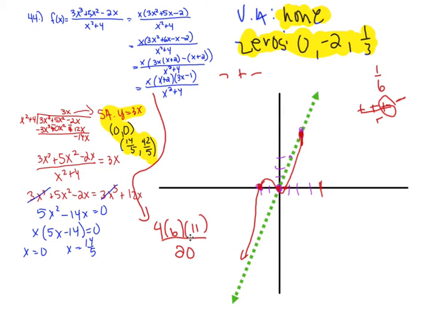Okay, that's 24 times 11, so I would have 264 over 20. Oh, I really want my calculator. You know what? It's time to get my calculator. Time to pull out the big guns.